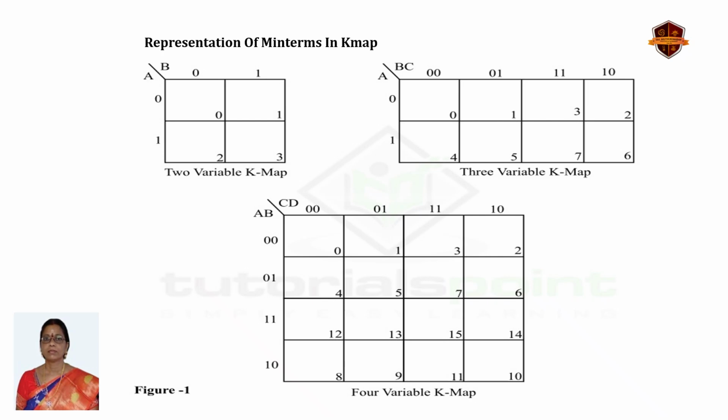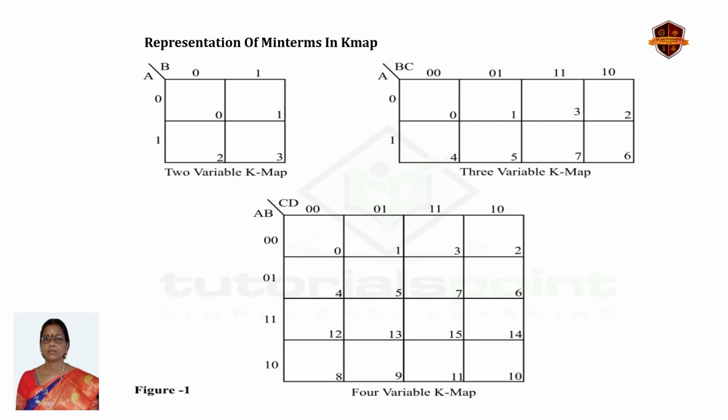And next is the representation of minterms in the three variable map. In the three variable map, A we have on rows, and in columns we have B and C, two variables. For one variable A, we will have either value 0 or 1. For two variables, you will have 4 values. So BC can be 0 0, 0 1, 1 1 or 1 0.